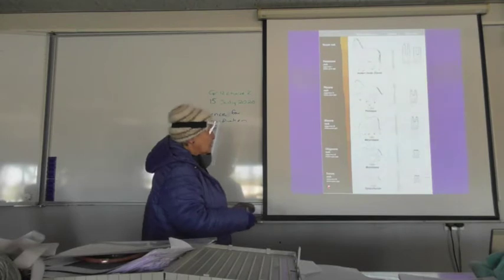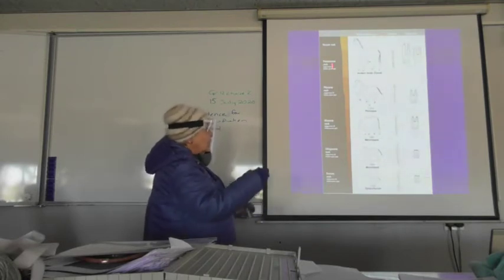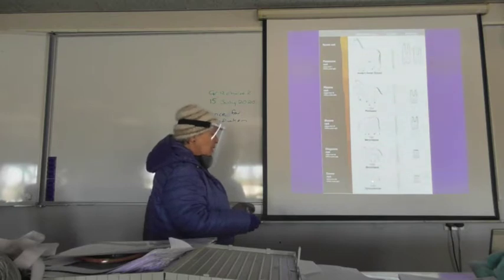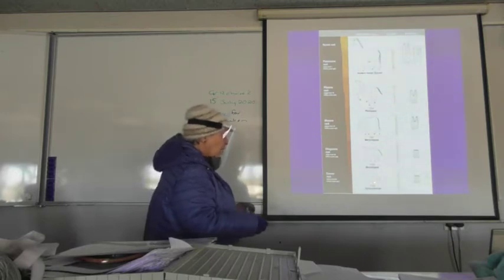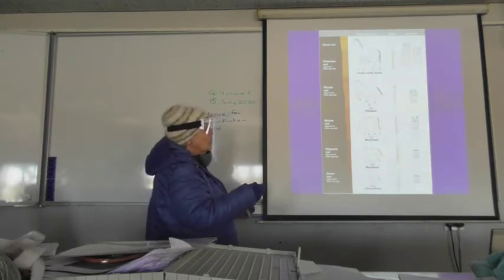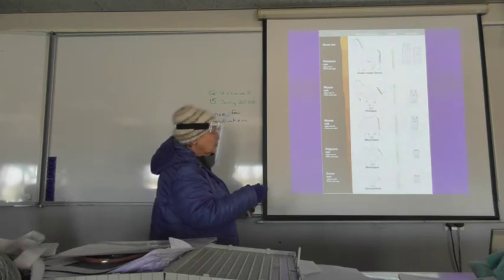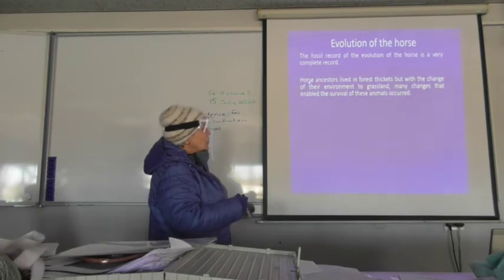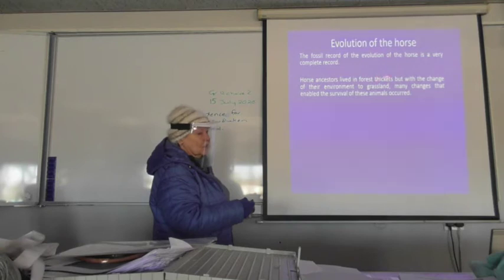So this is the geological time scale from long ago to now, and this is the organism from which it evolved, Hyracotherium, which may or may not be pronounced like that. And here's the modern horse, which is Equus. So what actually happened is the ancestors lived in forests.